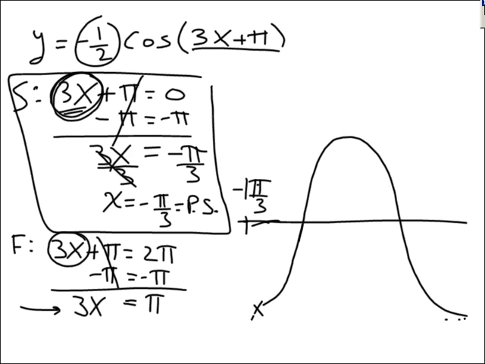Whatever this is, easy looking, hard looking, whatever, it equals pi. Okay, divide by 3, you get x. Divide the other side by 3, you get pi/3. So this graph finishes at pi/3, at 1 pi/3.